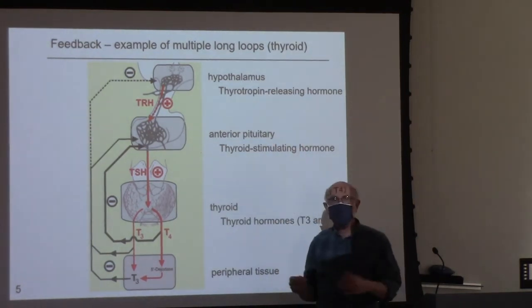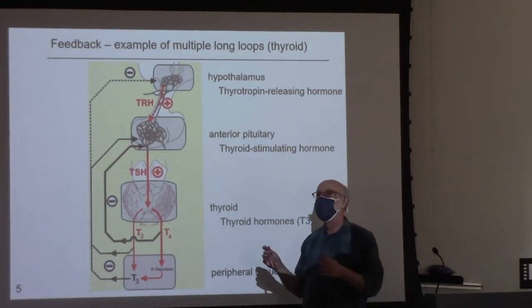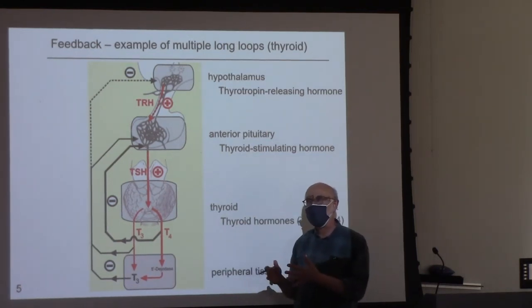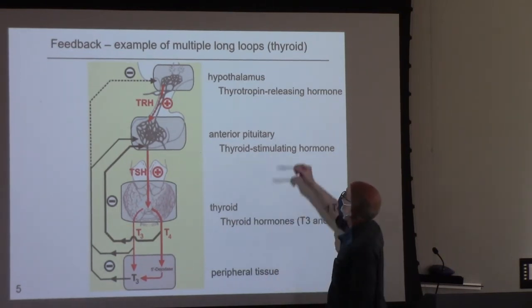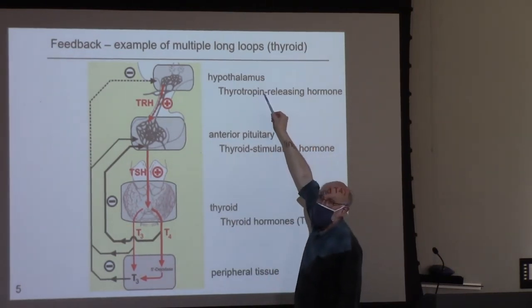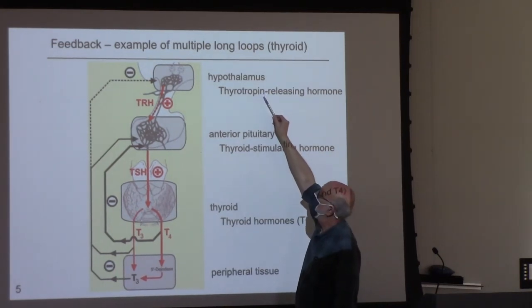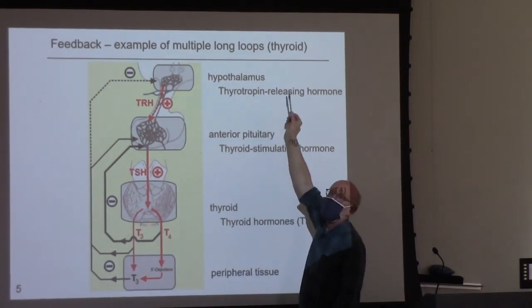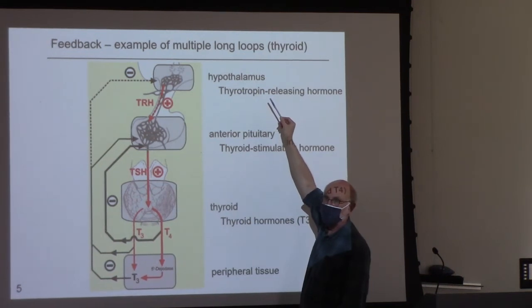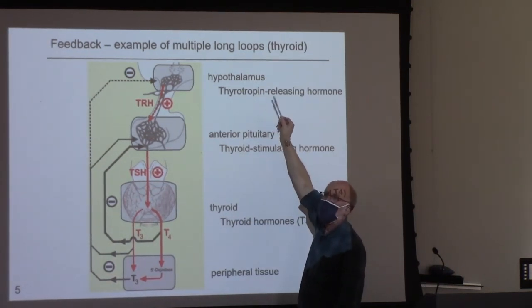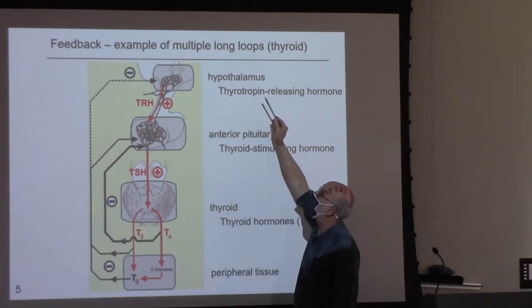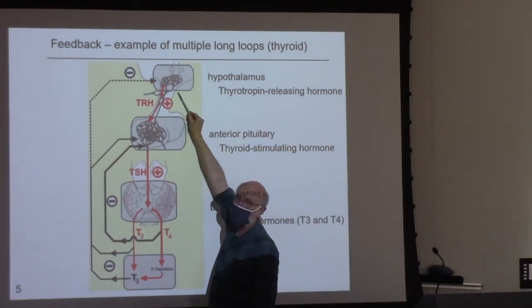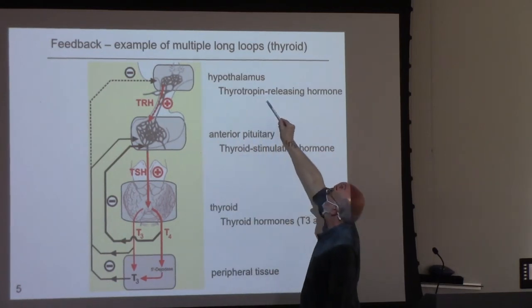So I'm reinforcing the knowledge and now combining what you know about the thyroid story and the feedback story. The hypothalamus says we need more thyroid hormone. It detects that somehow. So some of the cells of the hypothalamus release TRH.